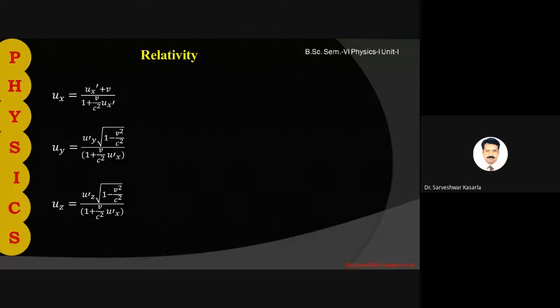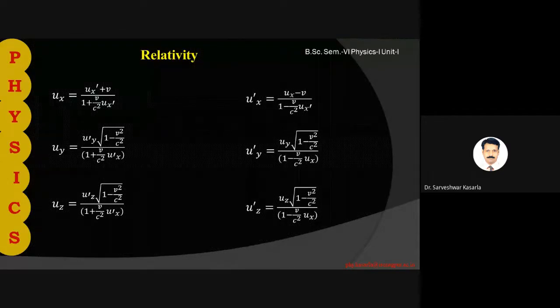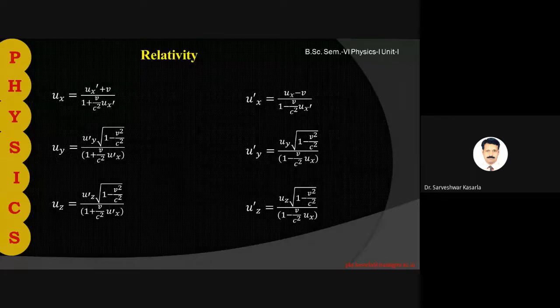So ux dash is equal to ux minus v upon 1 minus v upon c square into ux. uy dash is equal to uy into under root of 1 minus v square by c square upon 1 minus v upon c square ux, and uz dash is equal to uz into under root of 1 minus v square upon c square upon 1 minus v upon c square into ux. So these are the velocity compounding.